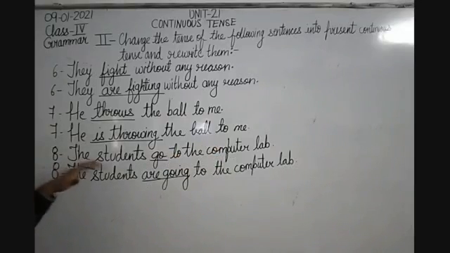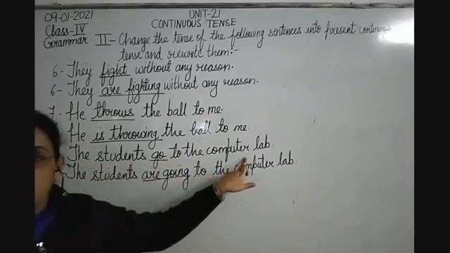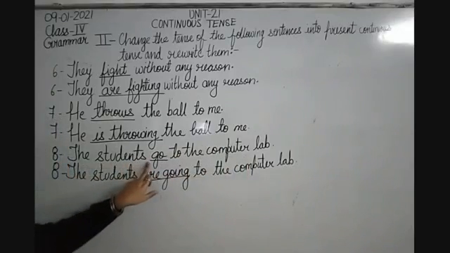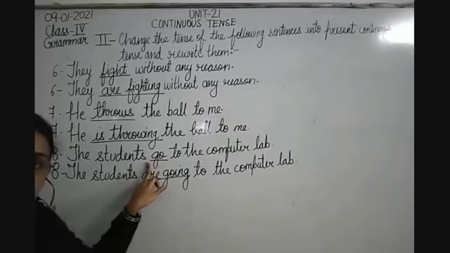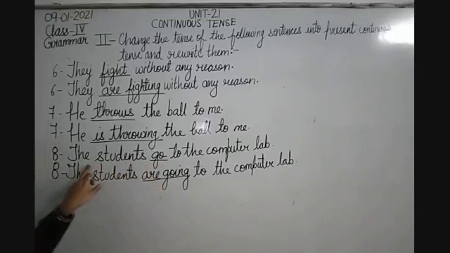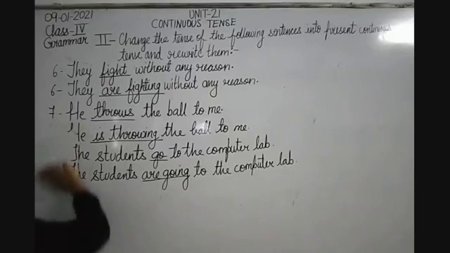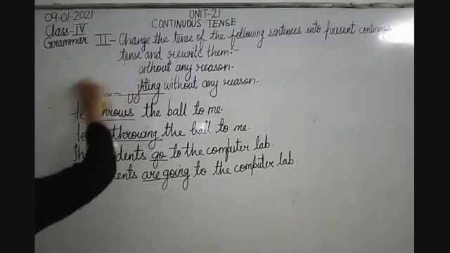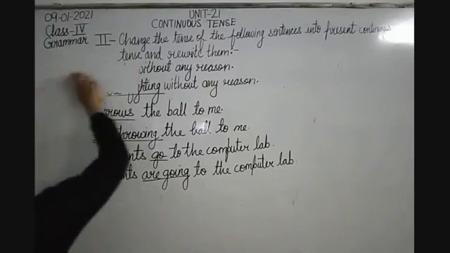Then the 8th one, the students go to the computer lab. Go is the verb and students is a plural noun. So the students are going to the computer lab. Now I'm going to erase this and write the 9th one.